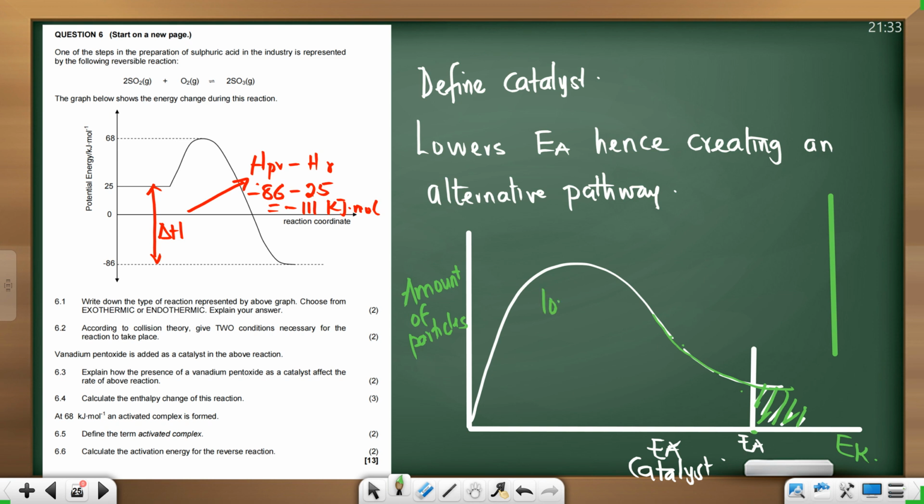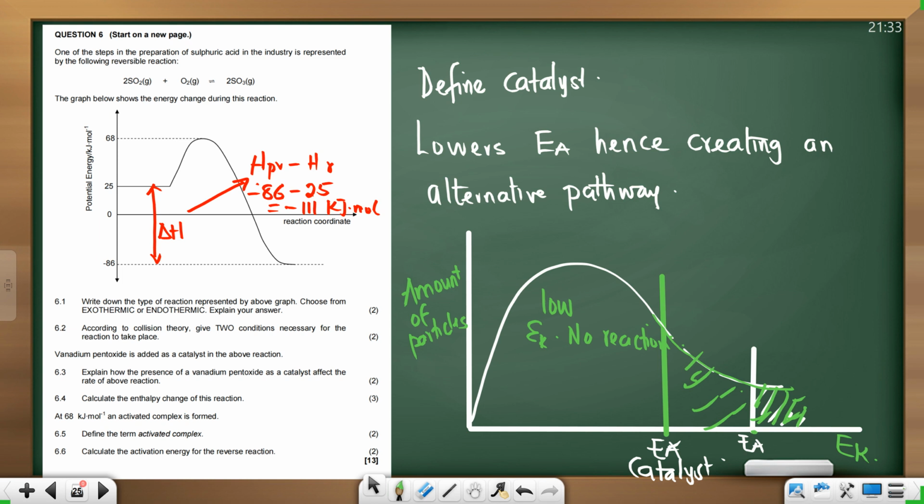These ones have low kinetic energy, so there is no reaction here. But when I put in a catalyst, it will decrease my activation energy. Instead of my EA being here, my EA is brought back. Do you see now that more particles, all of these ones, will now react because our activation energy has been decreased? Does that make sense now? Thank you. All right, that's how you read the one for a catalyst.